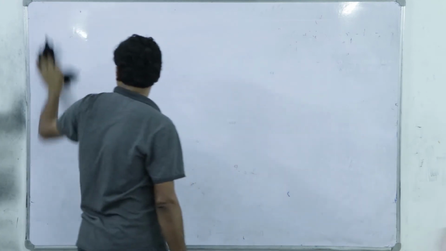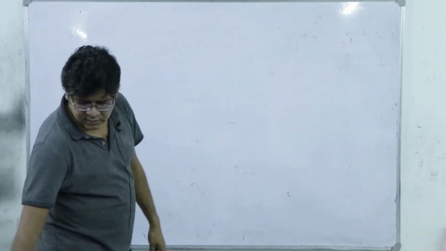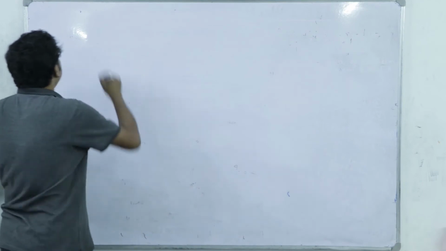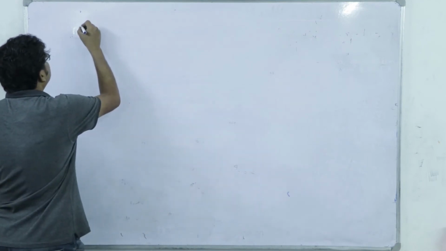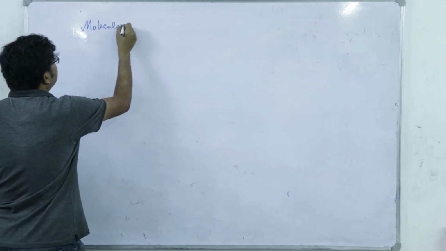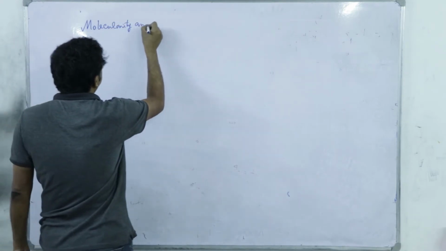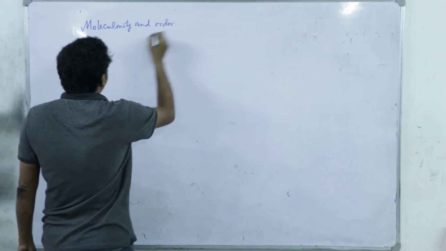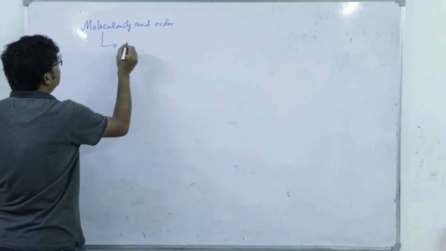Now you see, here we will introduce another two terms which are called molecularity and order. Molecularity is what?